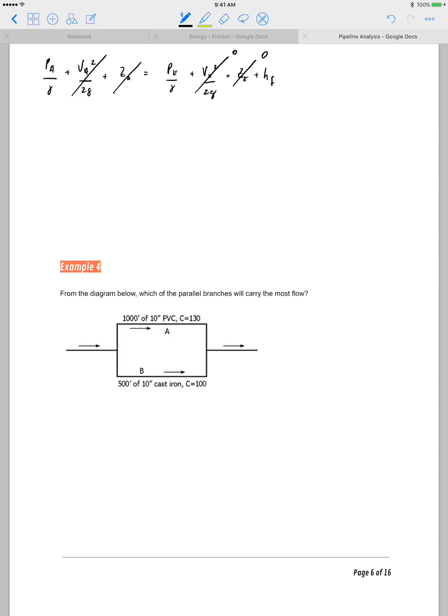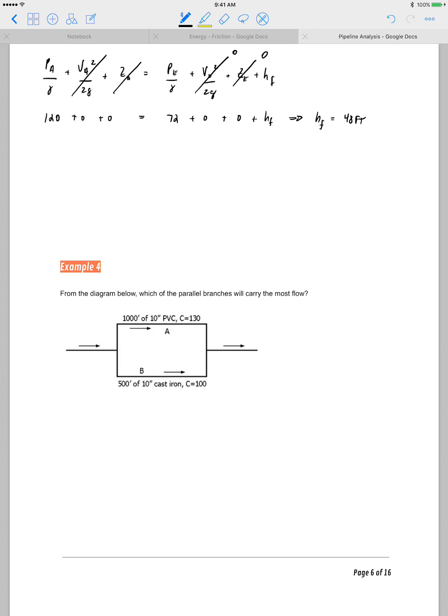So that provides us with a very easy equation to look at. 120 plus 0 equals 72 plus 0 plus h of f, which means that h sub f is equal to 48 foot. So that's across the system, but it's also across each one of the pipe legs that are in parallel.